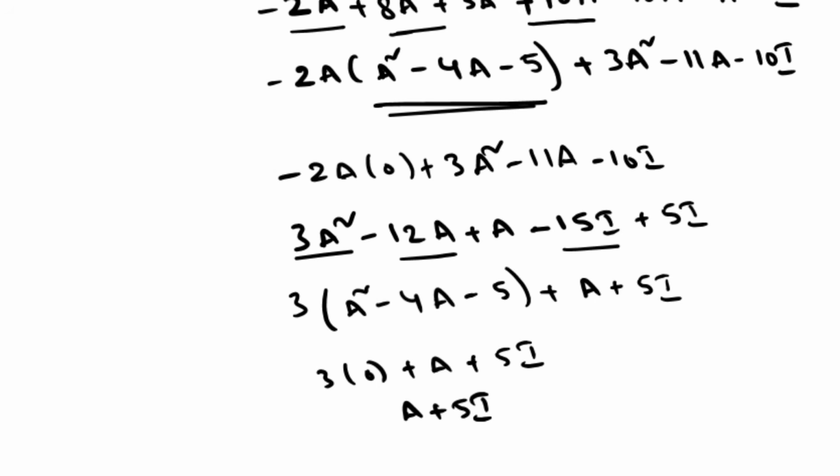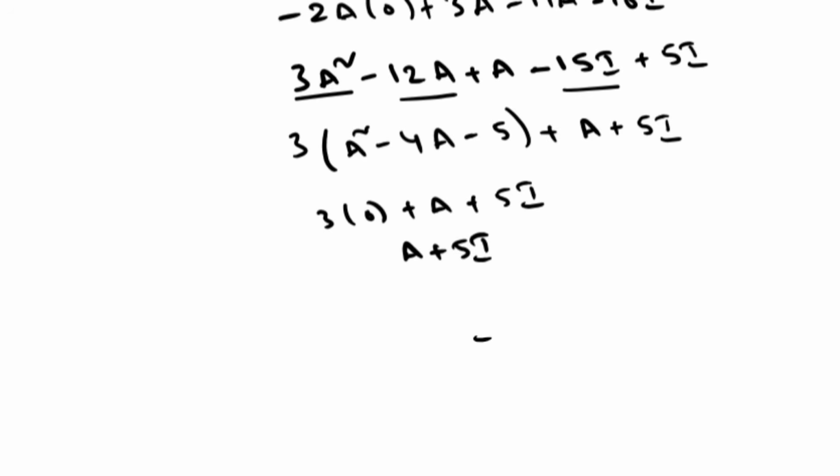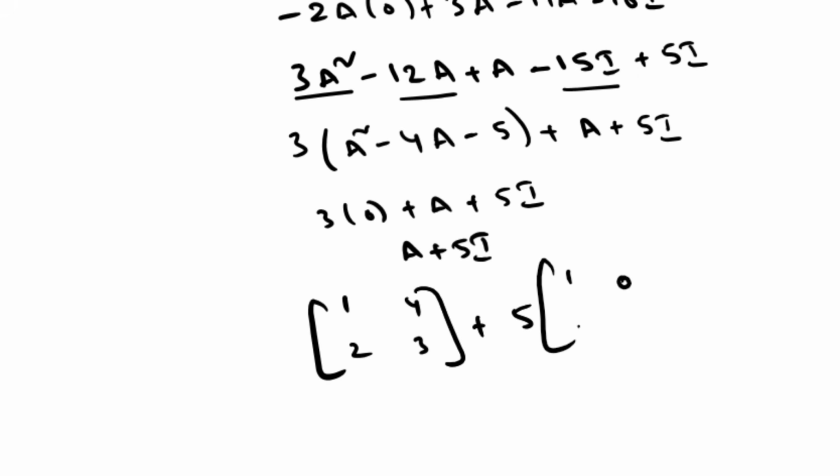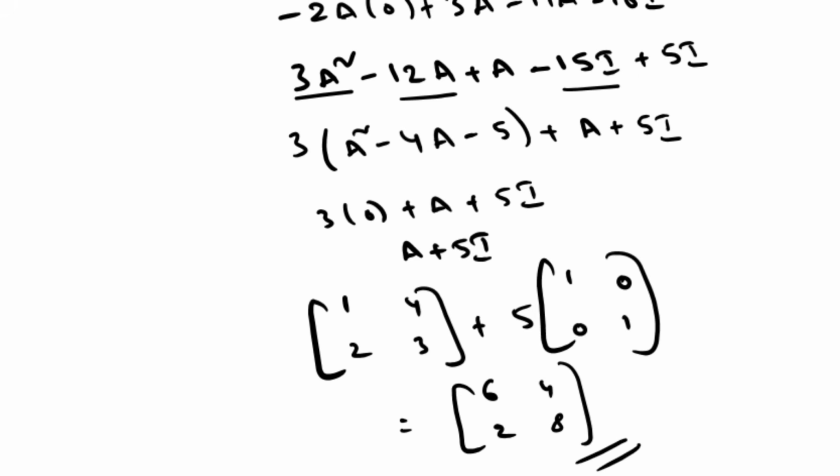We know the matrix A. Matrix A is given as 1, 4, 2, 3 plus 5 into identity matrix 1, 0, 0, 1, which is equal to 6, 4, 2, 8. This is the final solution.